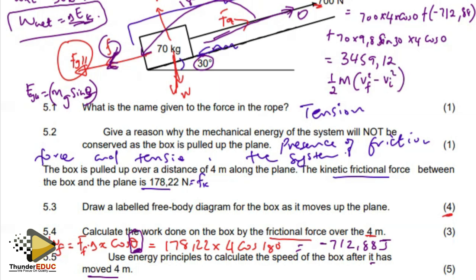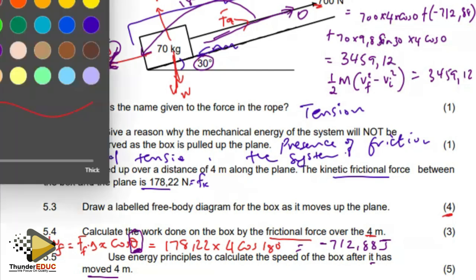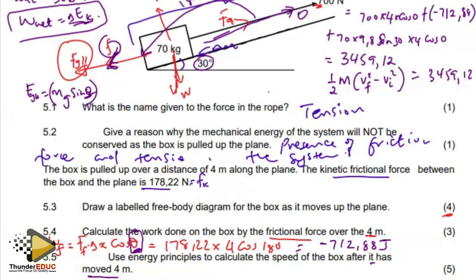So I'm going to equate all this to 3459.12. We know that the mass is 70, so a half of 70 is 35. Then I'll divide both sides by 35 and then replace all the other information. So what do we want?